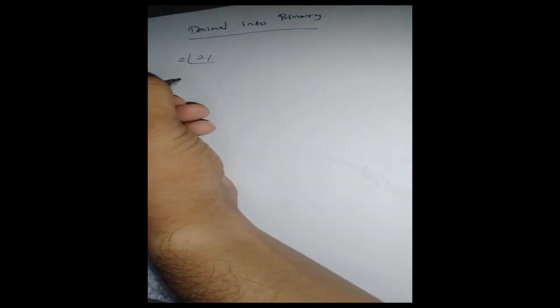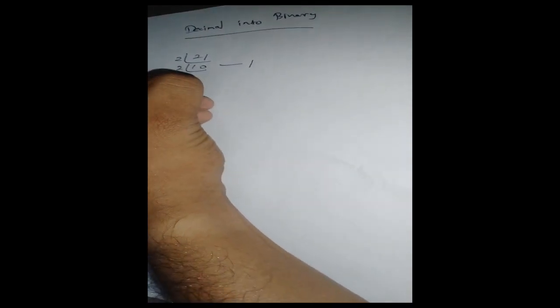Let's take an example and do the conversion. I'll be taking the decimal number 21. To convert this into binary, I will divide by 2 until it reaches 0. If you divide 21 by 2, you get 10 and the remainder is 1.